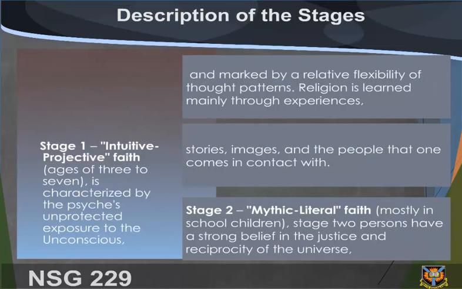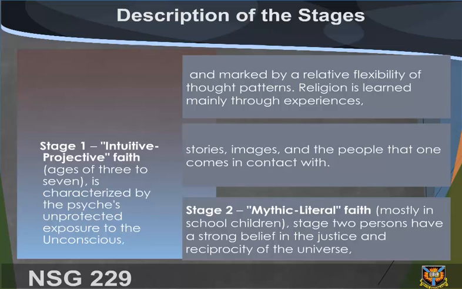Transition to the next stage begins with integration of thought and language, which facilitates the use of symbols in speech and play. Stage 1, intuitive-projective faith, ages 3 to 7, is characterized by the psyche's unprotected exposure to the unconscious and marked by relative flexibility of thought patterns. Religion is learned mainly through experiences, stories, images, and the people that one comes in contact with.